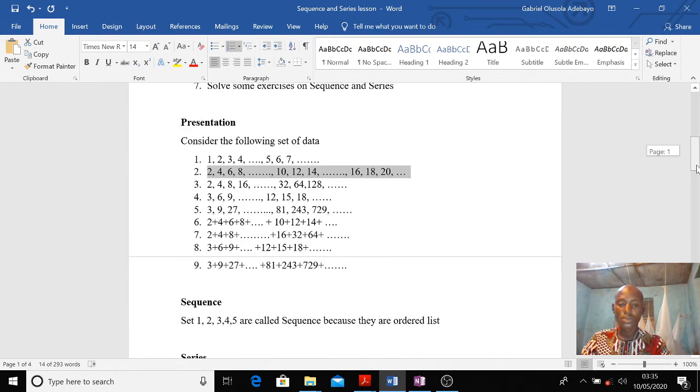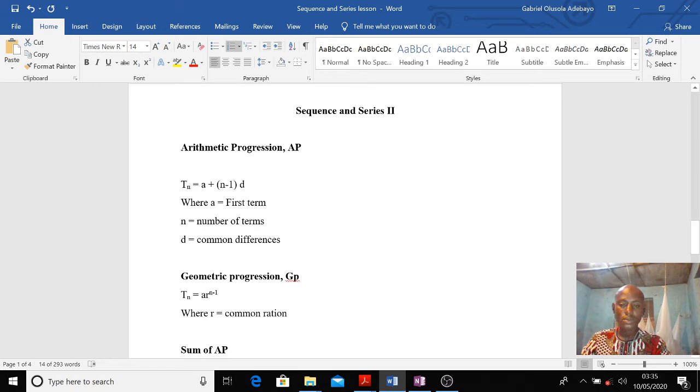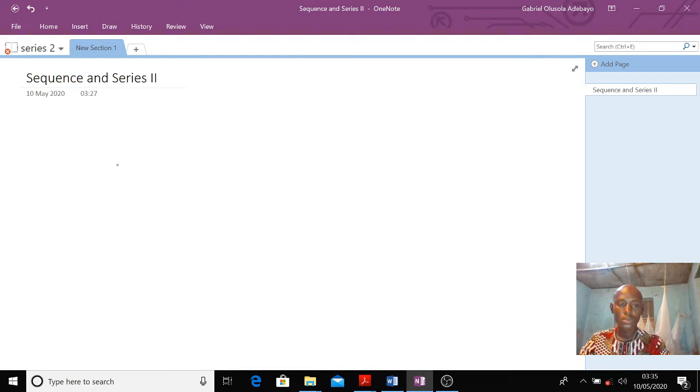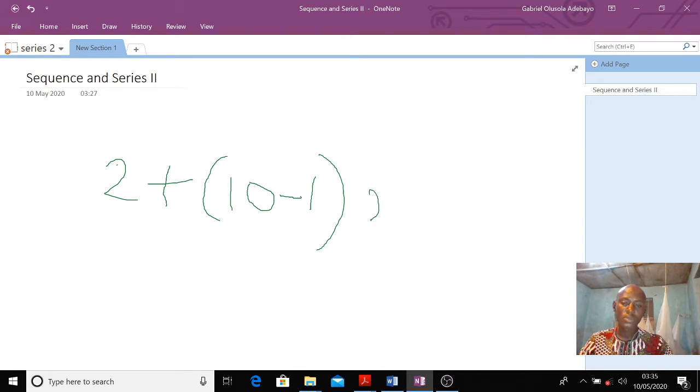So can I say 2 plus, n is 10, minus 1, common difference is 2.